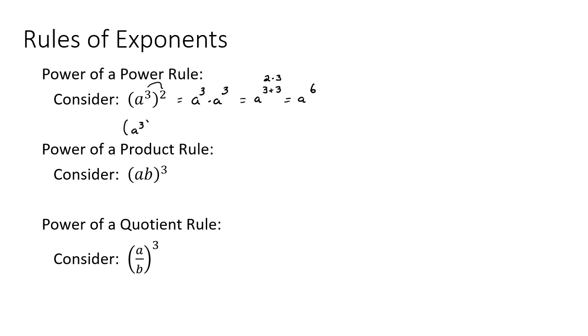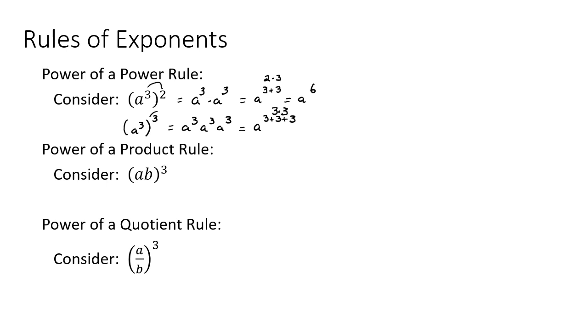If we adjusted this a little bit and wrote it as a cubed cubed, so in other words, it was a cubed times itself 2 more times, that property of products you could apply piecewise, and it would extend. It would just give you a to the 3 plus 3 plus 3, or 3 times 3.